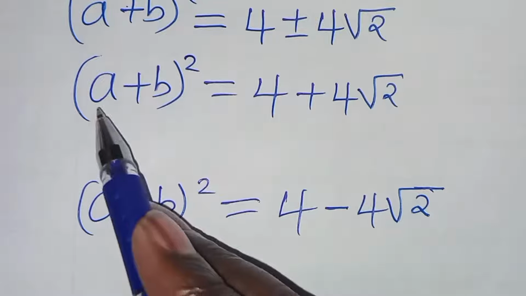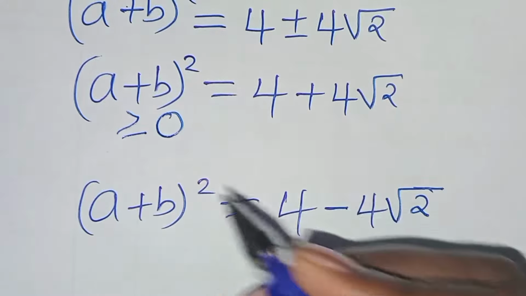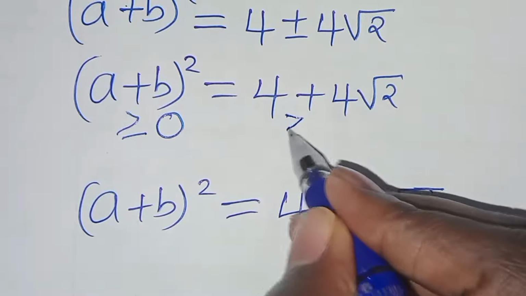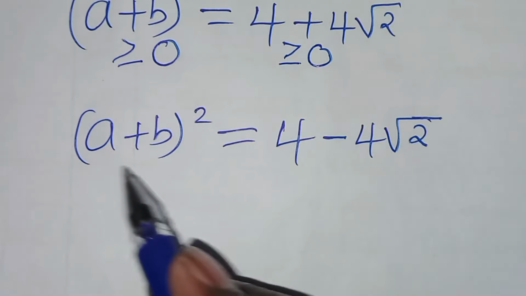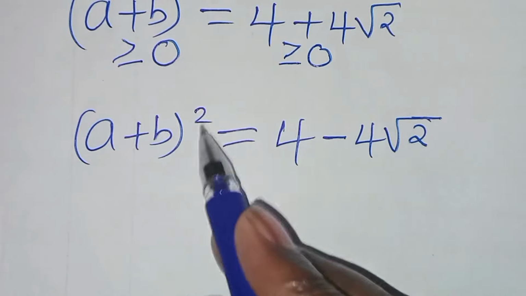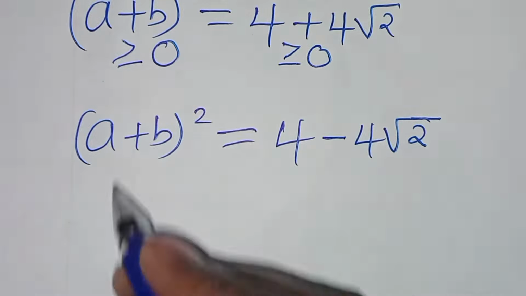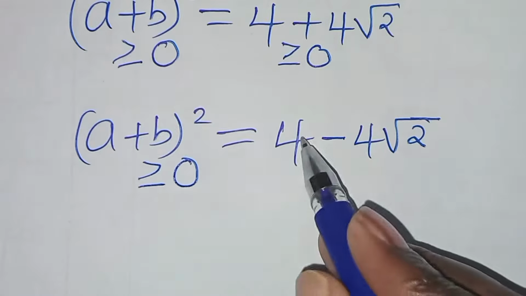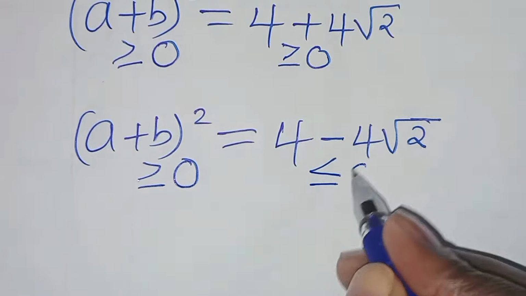Now, given that (a + b)² is greater than or equal to 0, and 4 plus 4 square root of 2 is actually greater than or equal to 0. The second part here, we have (a + b)² equal to 4 minus 4 square root of 2. So (a + b)² again is greater than or equal to 0, but 4 minus 4 square root of 2 is less than or equal to 0.